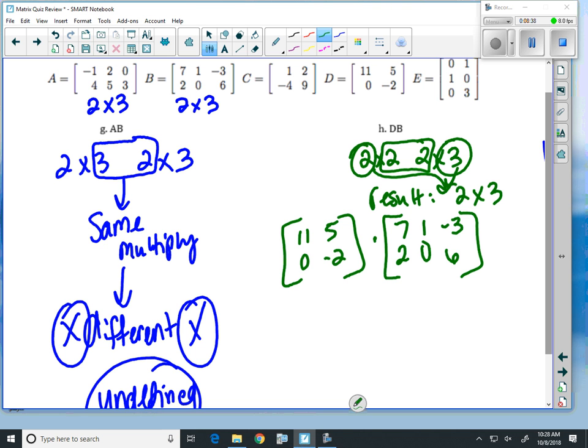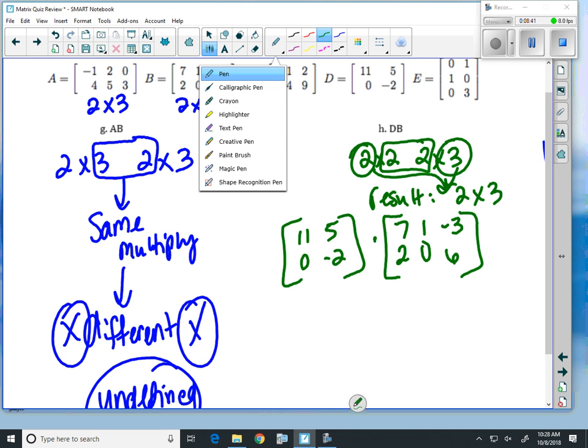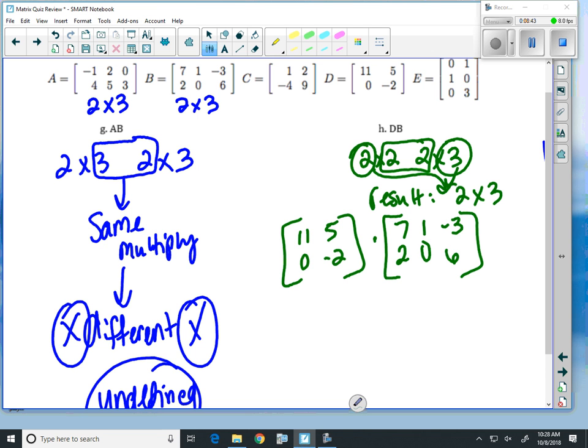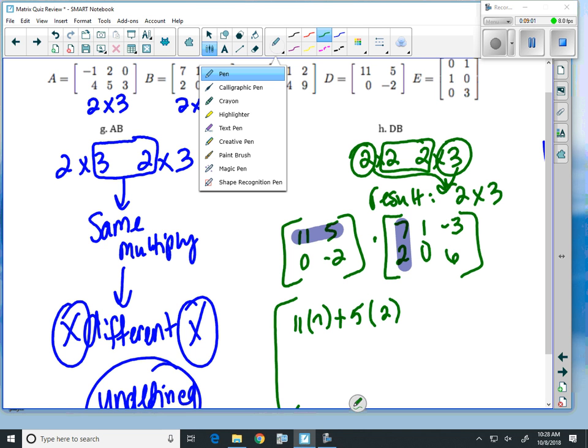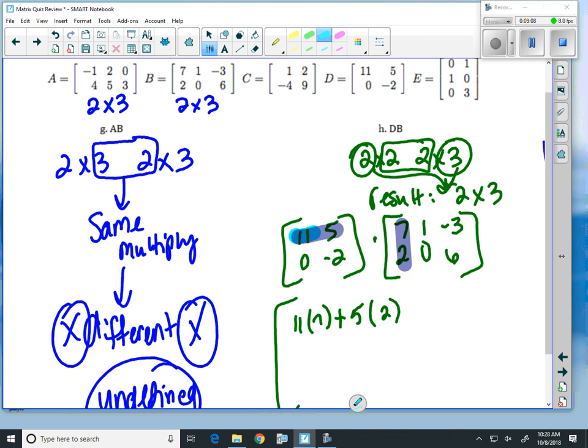Okay, so when we multiply, we do row by column. So this is a row and this is a column. So I'm going to do 11 times 7 plus 5 times 2. So you always do corresponding. So first entry with first entry, second entry with second entry. Then I'm going to go back and do first row again times second column.